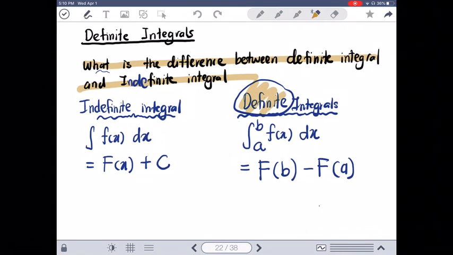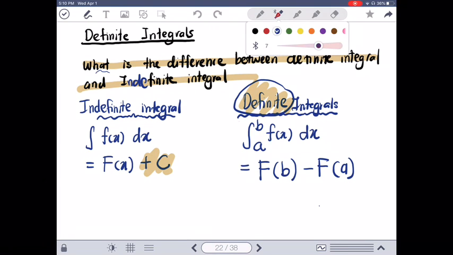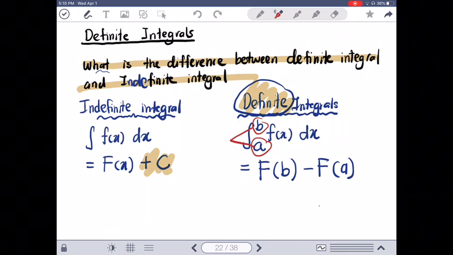So in definite integrals, we do not have plus c. That's the difference between indefinite integral and definite integral. From a to b, these two are known as the boundaries.